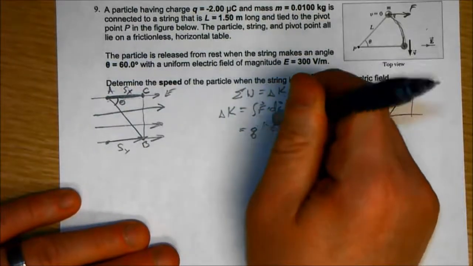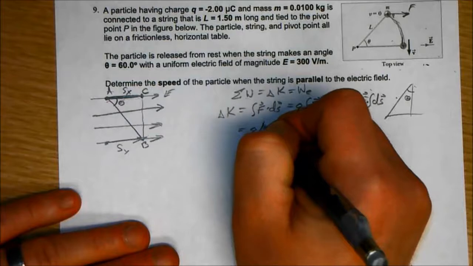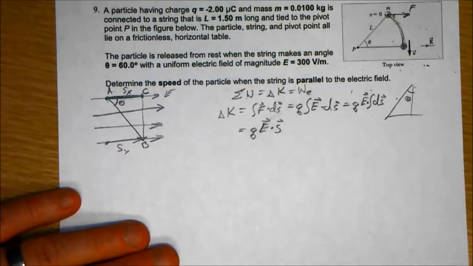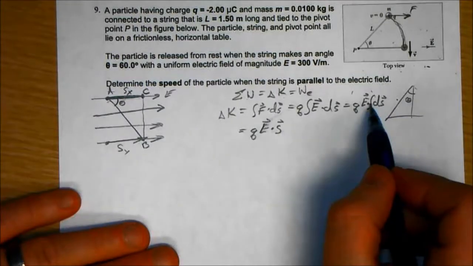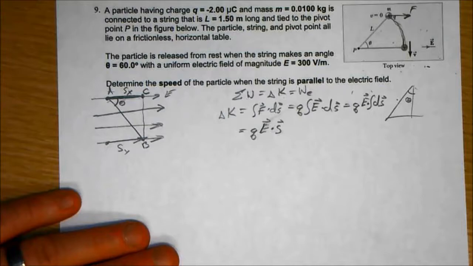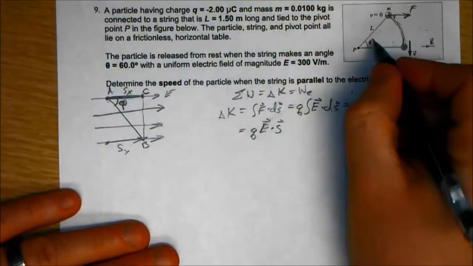And let me just show this in more steps. So this is going to be E dot displacement S. Once we integrate over ds, we still have the dot product E dot ds. And by the way, I should call this phi, not theta, because we already have theta here.